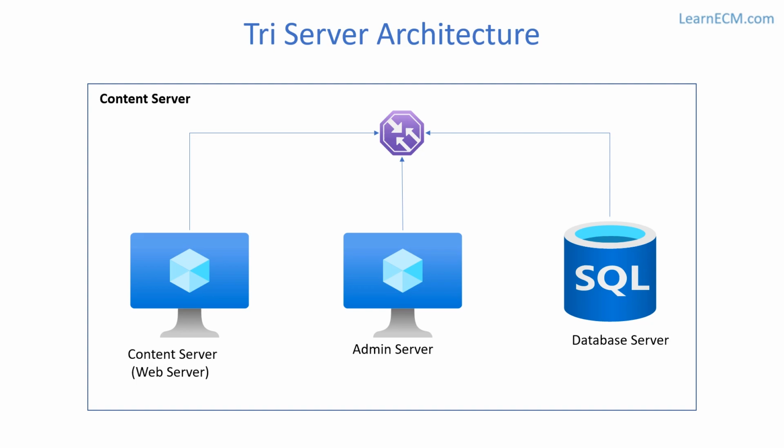So now there will be three VMs. One will host the content server along with the web server, then we will have the admin server, and the third will be used for the database server. All these components will be connected to each other. Here we are showing this with a connector, and this whole box represents a Content Server installation. So this is the tri-server architecture.